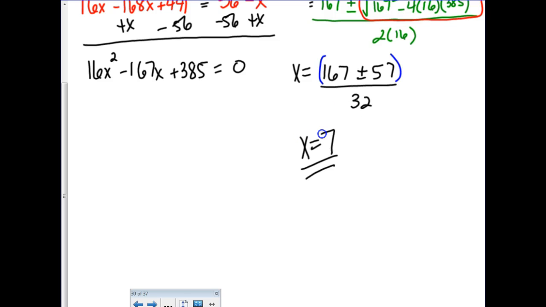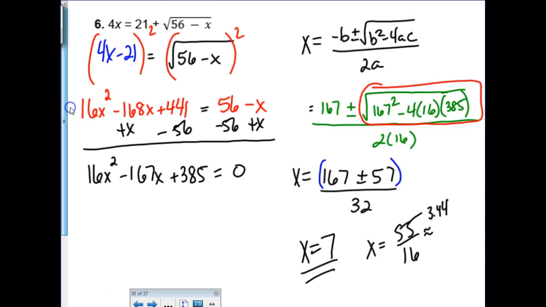Ooh, 7. And then 167 minus 57, the quantity divided by 32, decimal's fine. It's 3 point something, isn't it? Okay, so as a fraction, it's 55 over 16. So it's 3.44-ish.